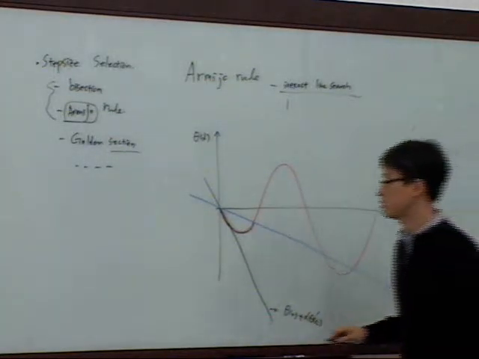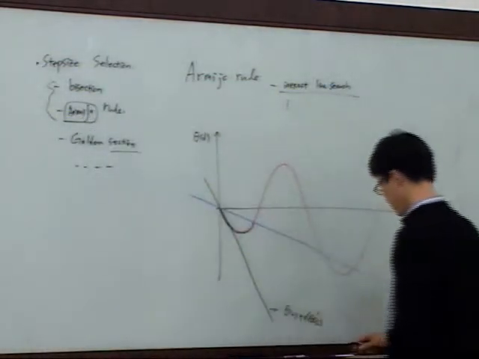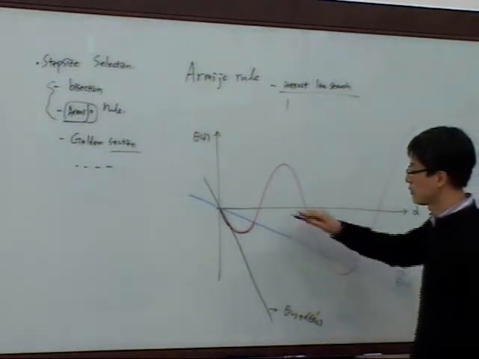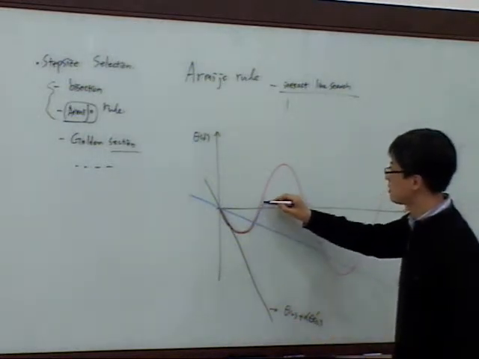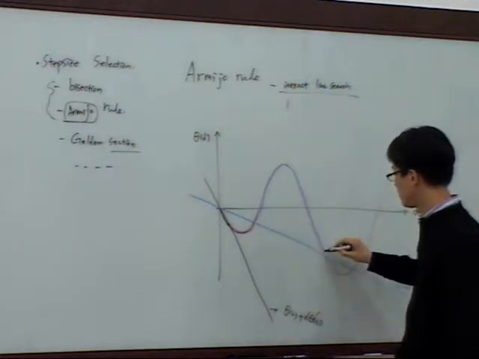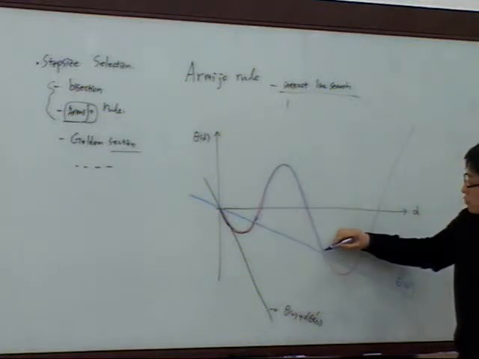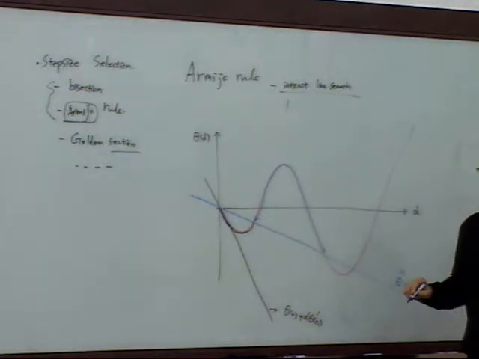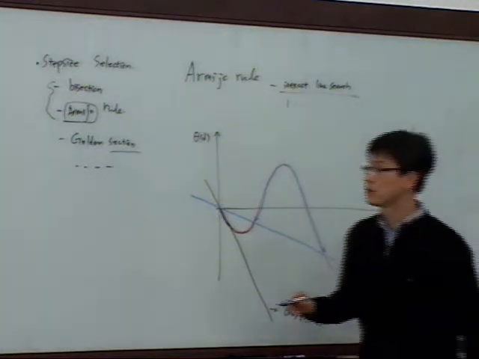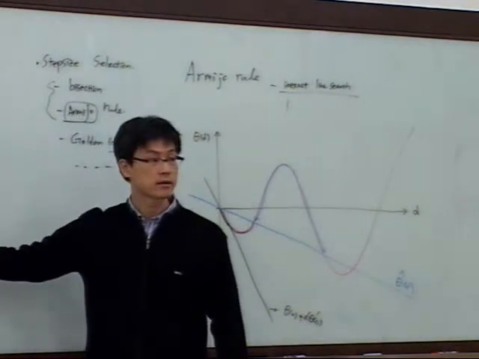If you choose those reasons, this blue line region is where your theta function is greater than theta hat.